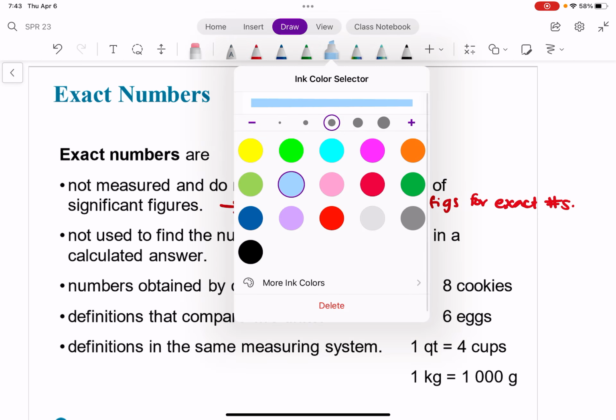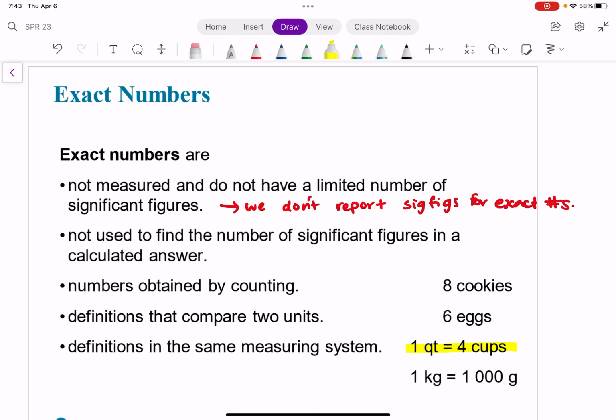So this would not be a measurement. It's a unit that you use to take measurements, but it's not measuring anything. It's just saying, hey, 1 quart is equal to 4 cups. That's a defined exact number. 1 kilogram is equal to 1,000 grams. If you have a kilogram, you have 1,000 grams. Okay, so that's an exact number.